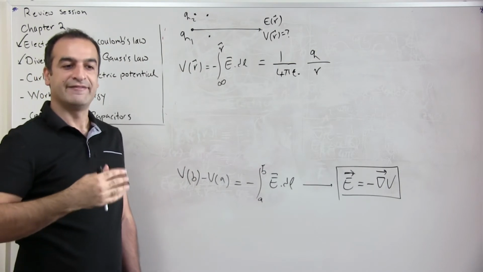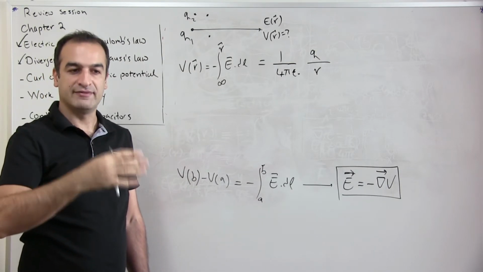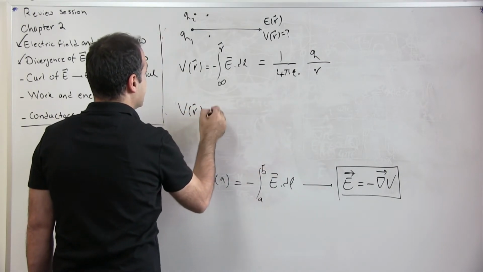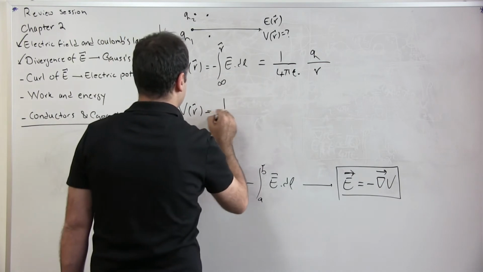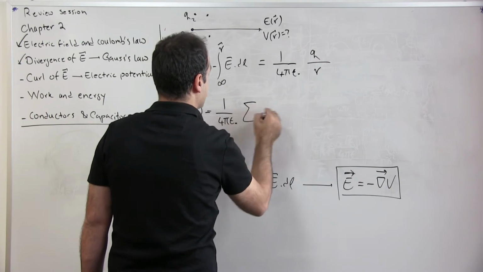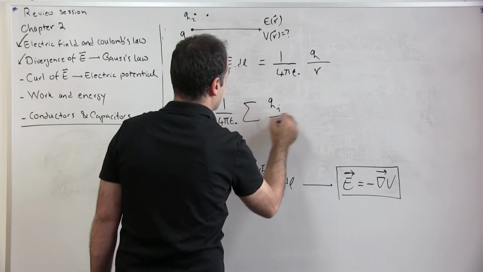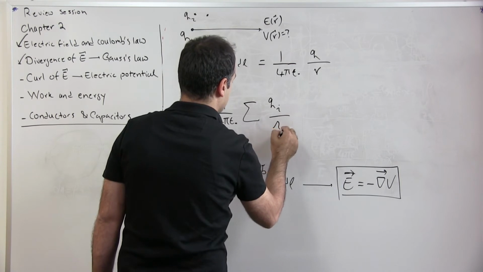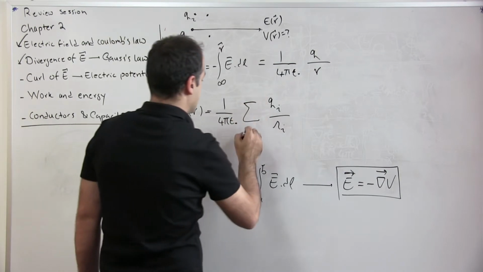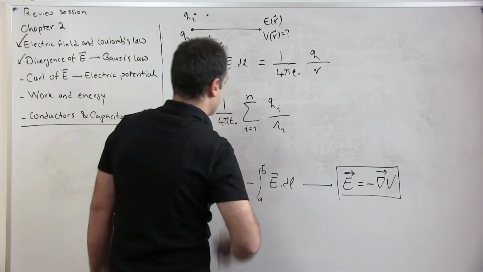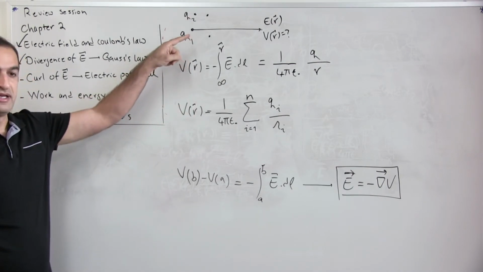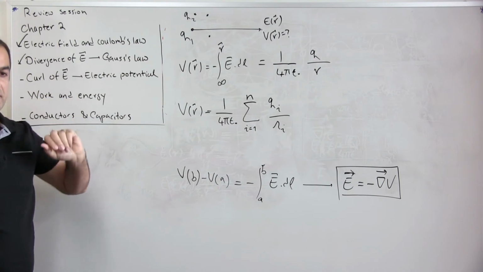Electric field was vectors, so we had to add vectors. Here we're just adding numbers. So V at R created by multiple point charges can be written as 1 over 4 pi epsilon 0 sigma Qi over Ri, so that it's the distance vector from each of these point charges to where we are, and i is from 1 to N. So this is electric potential created by a collection of point charges.